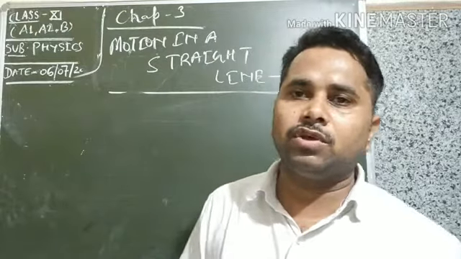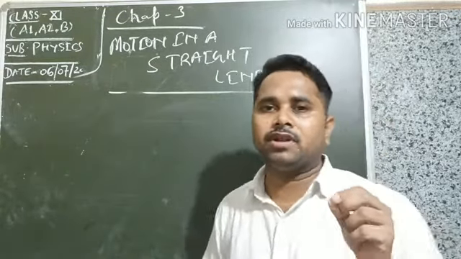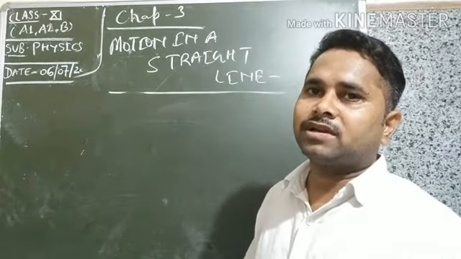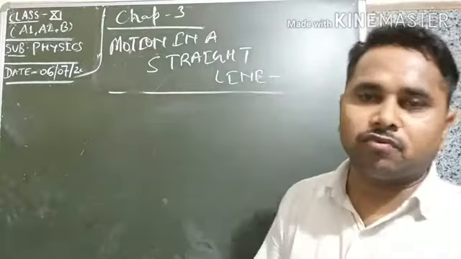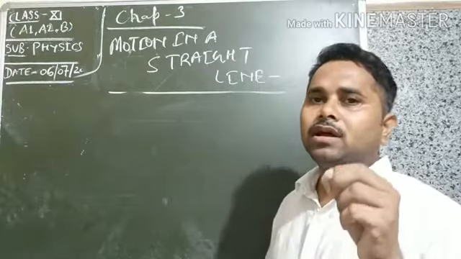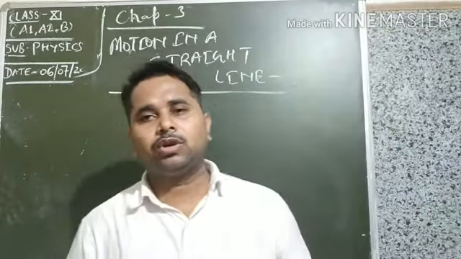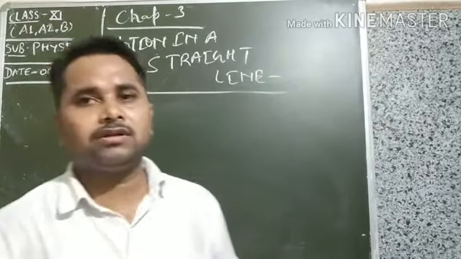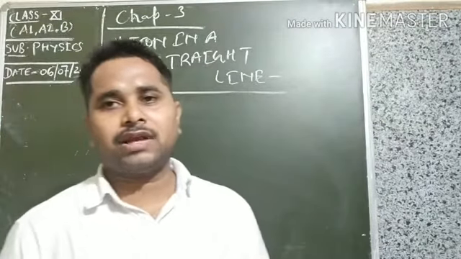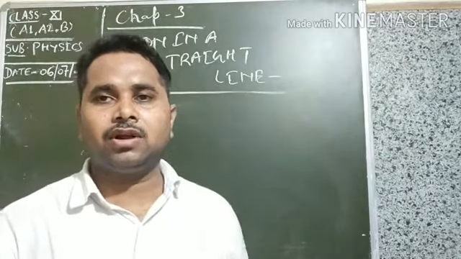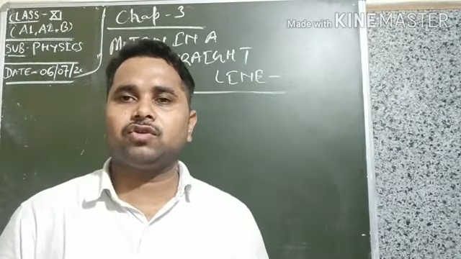Here we have to use one very important, very new method, that is called the calculus method. We will derive the equations of motion in this chapter by the calculus method, and for using it you should know the calculus topic. In calculus there are differentiation and integration, all branches of mathematics.